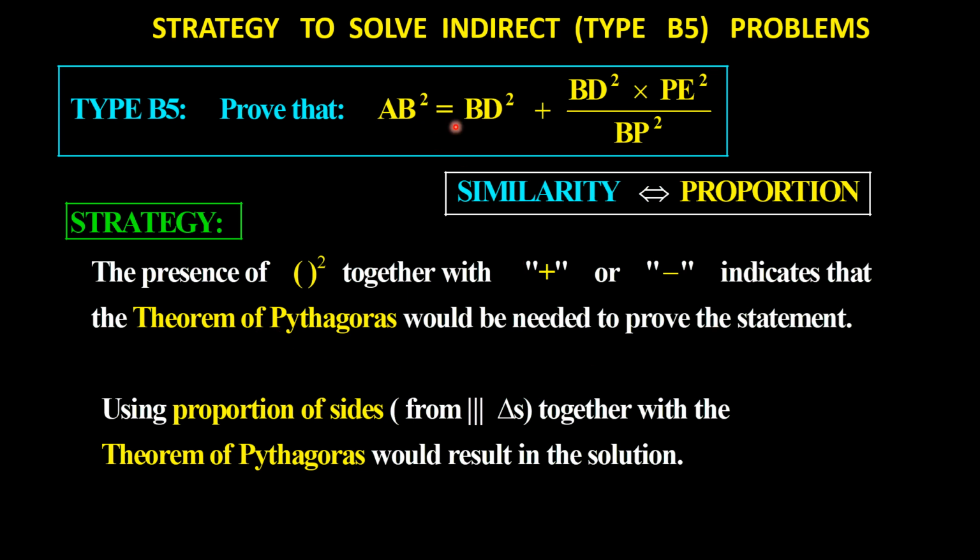Look here, AB squared is BD squared plus another square, or we can sometimes even have subtraction there, right? So this is the indication that we will need Pythagoras to solve this particular problem. And we're still going to use our proportion or similarity concept together with the theorem of Pythagoras.